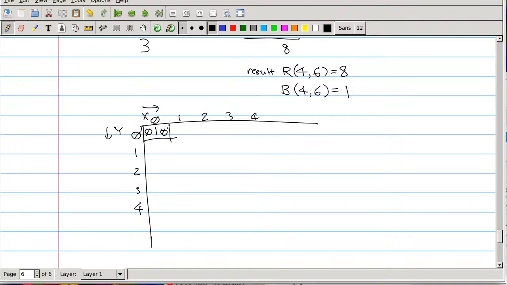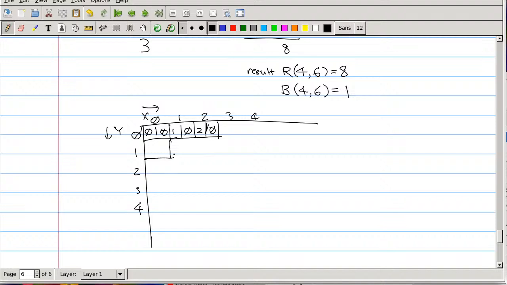So what about 1 over here? This is going to be 1 minus 0. 1 minus 0 has a result of 1, but also a borrow of 0. So this row is pretty easy to work with because we are subtracting 0 from whatever x is.